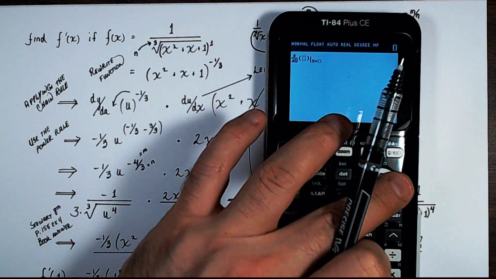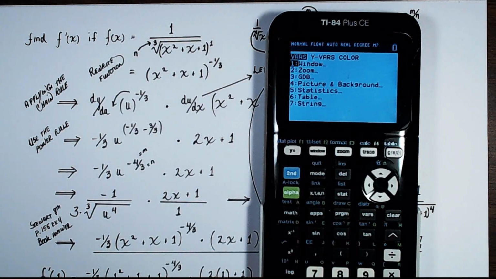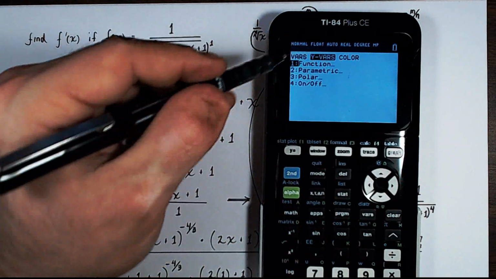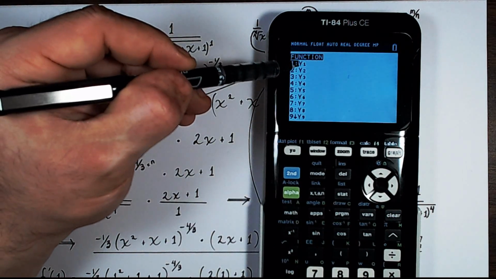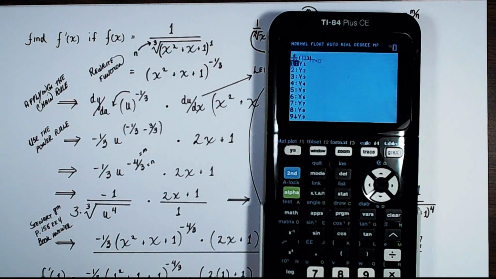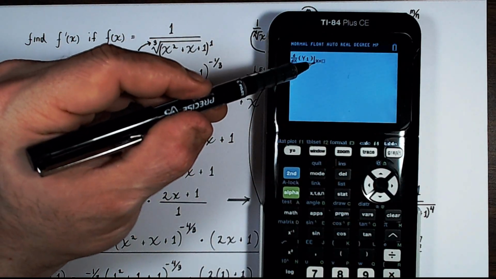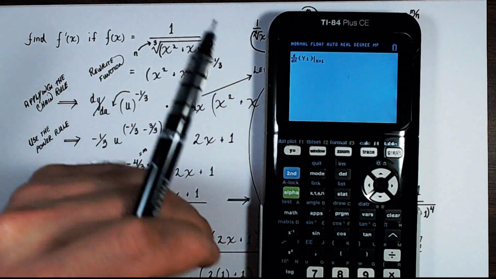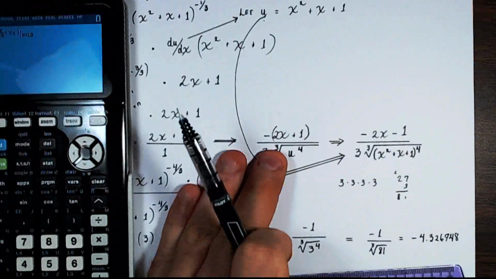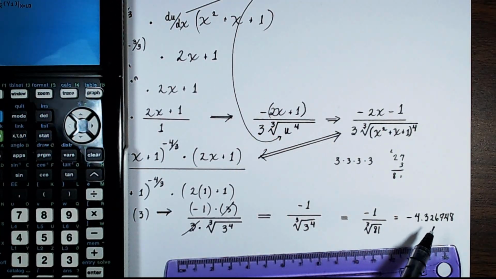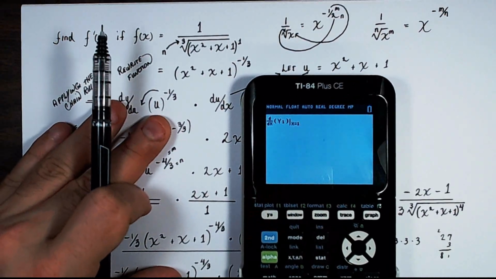Get your cursor inside that parentheses, then hit vars, and under y vars and under function, you've stored the function under y1. So grab that y1, and then remember we evaluated x at 1. So what we're hoping is that when we hit enter here, we get -4.326948. That'll be a verification that we came up with the correct derivative.